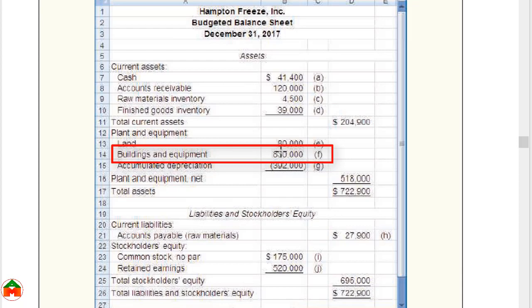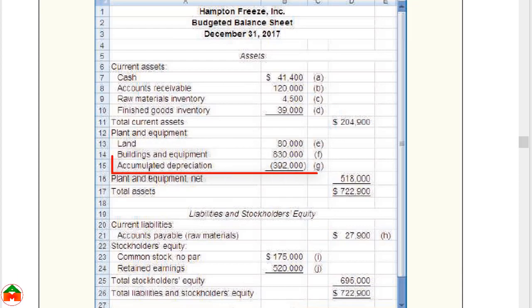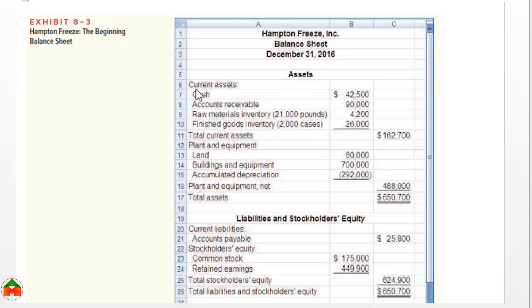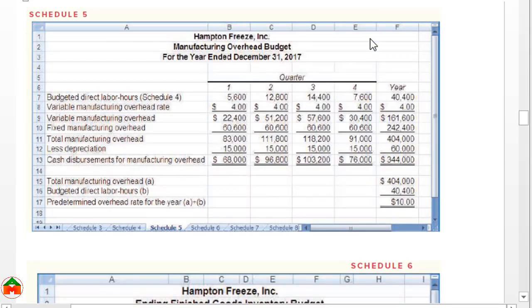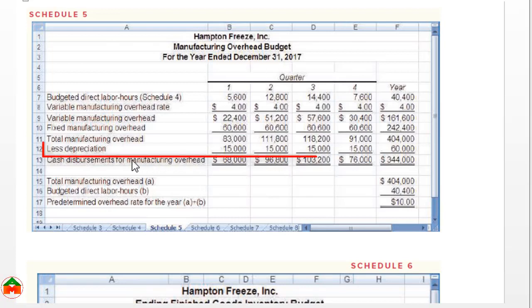From this amount, we will deduct the accumulated depreciation. To get the balance of accumulated depreciation, we will get the opening balance, then we will adjust any addition of depreciation. This is the beginning balance sheet. We can see our balance of accumulated depreciation is 292,000, and from the manufacturing overhead budget we need to add this depreciation, which is 60,000.